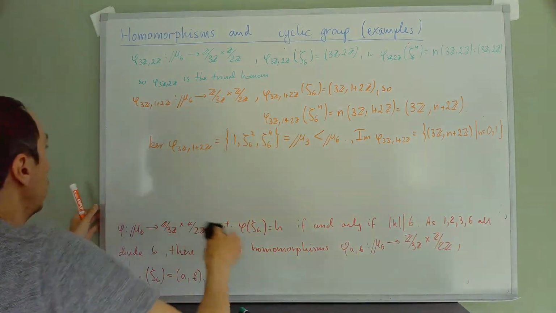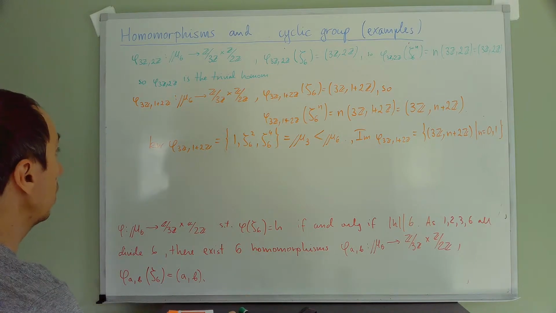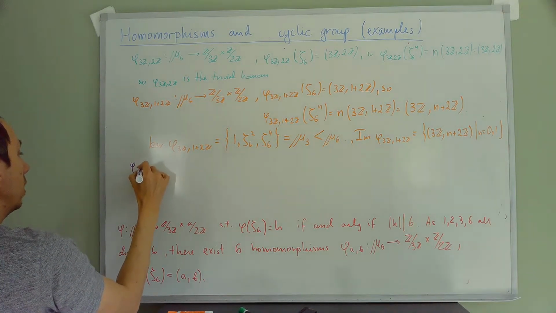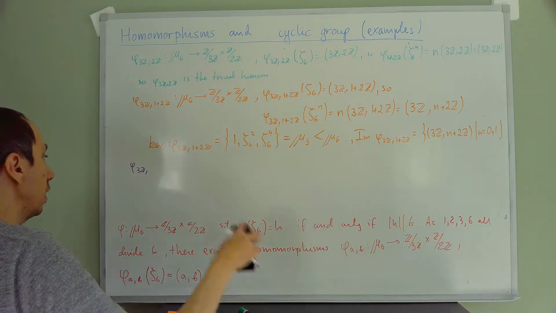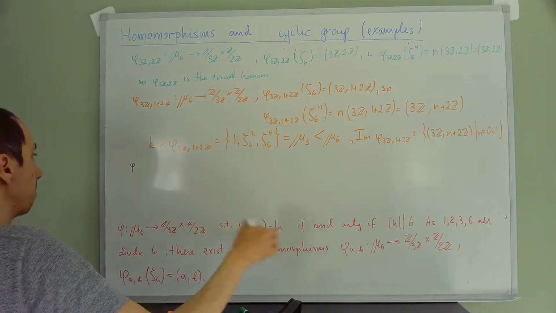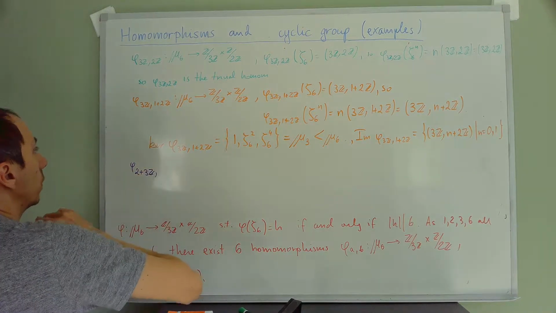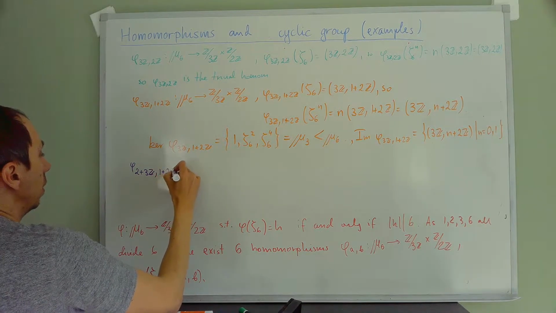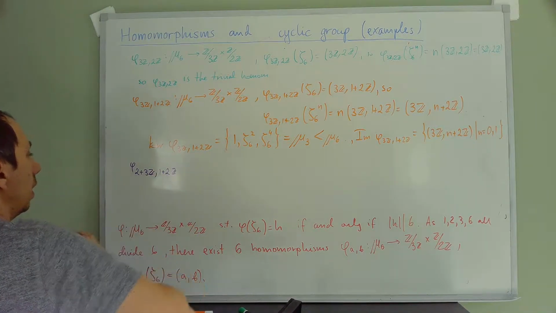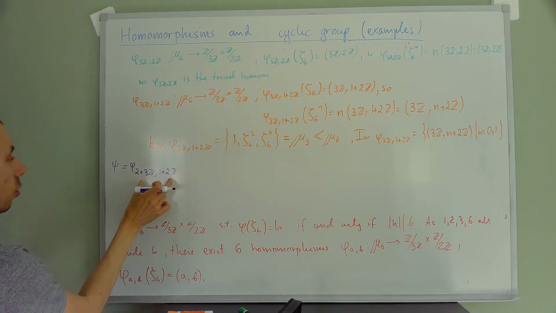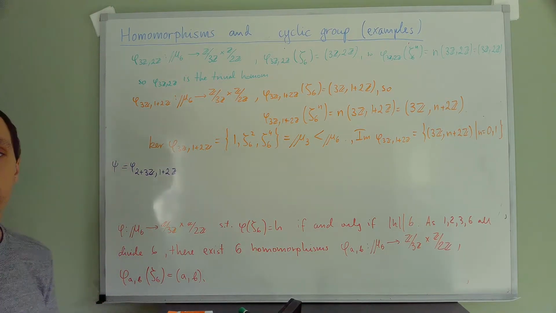Okay, I'm not going to analyze all 6, but let's do another example, different from the others. So let's do phi 2 plus 3z, 1 plus 2z. What does that do? Because I don't want to keep rewriting this long subscript, I'm just going to call this psi.